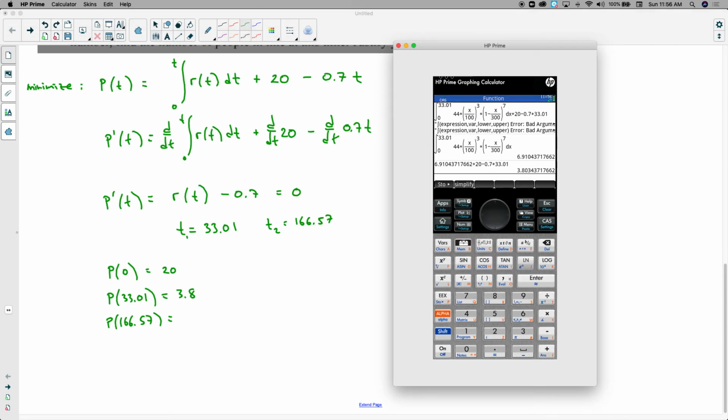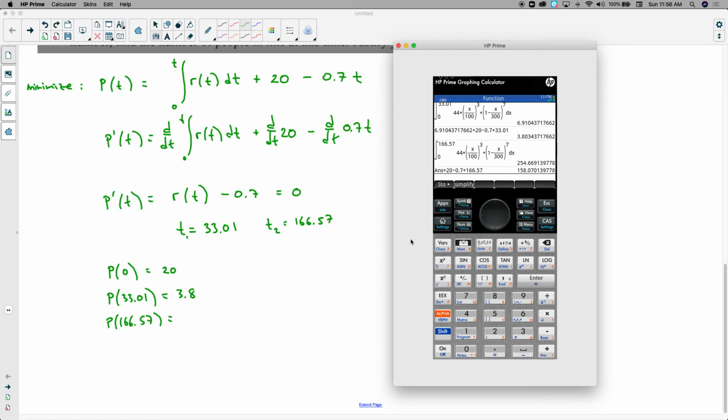Okay, so let's see. The good way to make quick work of this is to take this whole integral and copy it, and then just change that upper limit, which is now 166.57. I've got that answer. I'm going to add 20 to that and subtract the 0.7 times 166.57.